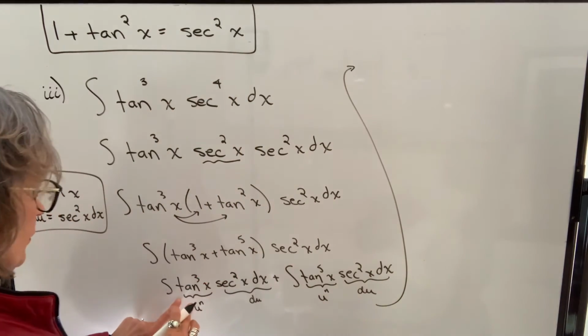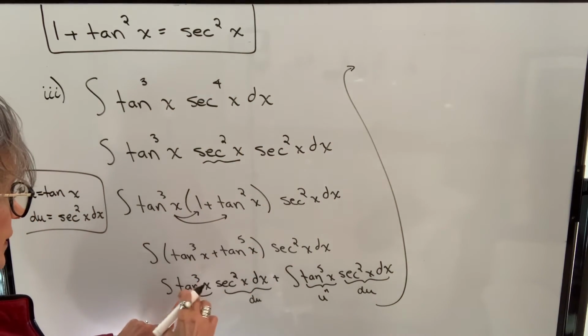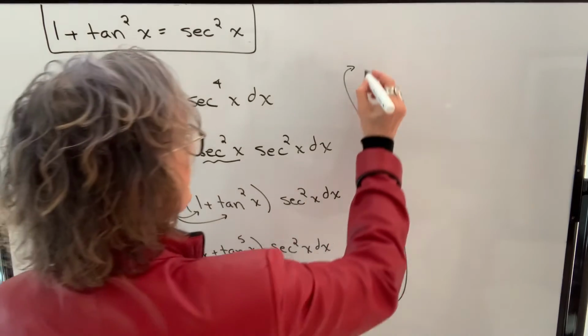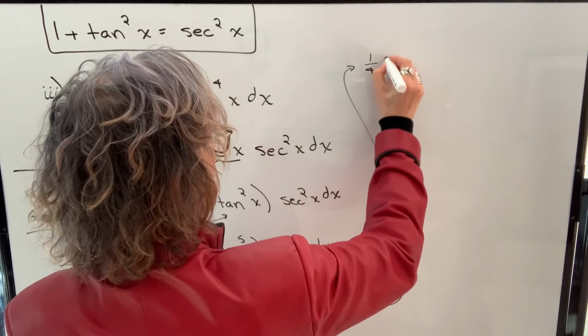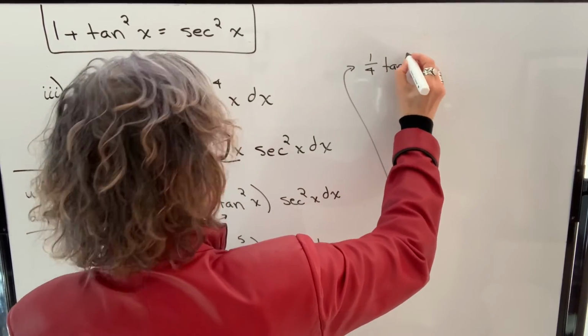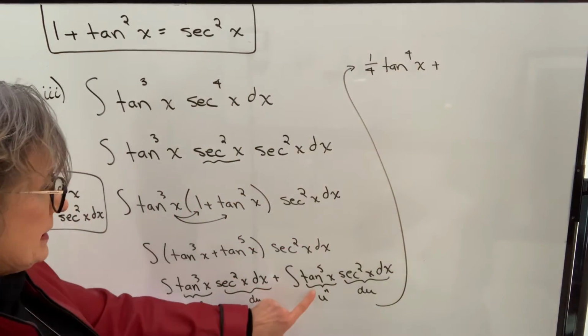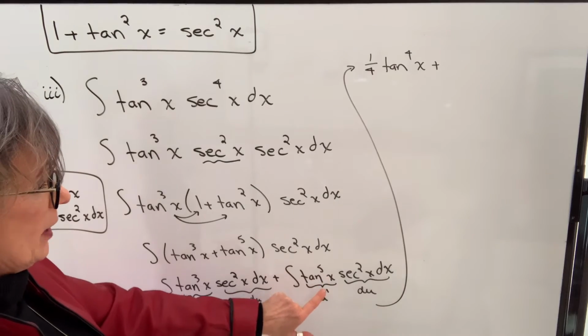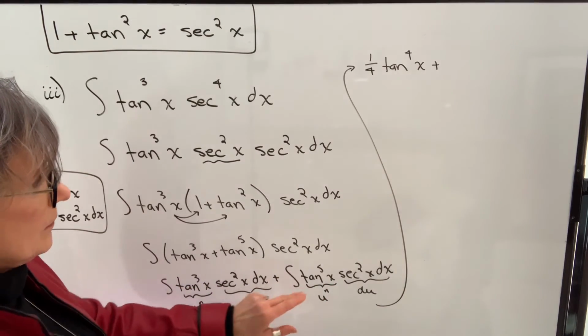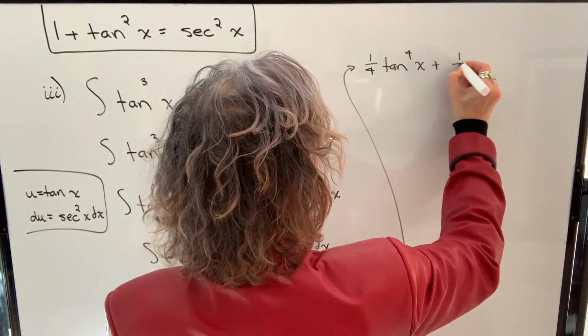So the integral of u to the n du is 1 over n plus 1. So in my first term, n is 3, so n plus 1 will be 4. So it'll be 1/4 tangent to the power of 4 x plus, same process, but now n is 5. So n plus 1 will be 6.